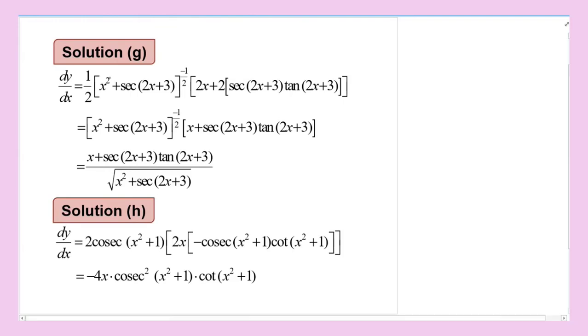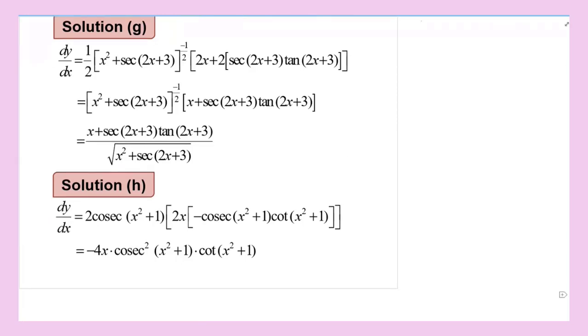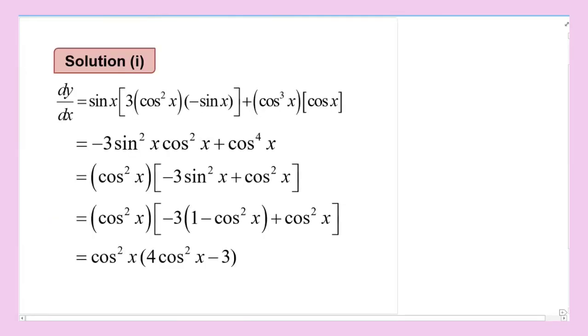Nampak macam complicated kan. This is okay. Solution. So, habis ni. Yang last sekali solution. Okay, solution guna product rule and habis. Is it this one the last one? I check dulu. Okey, habis.